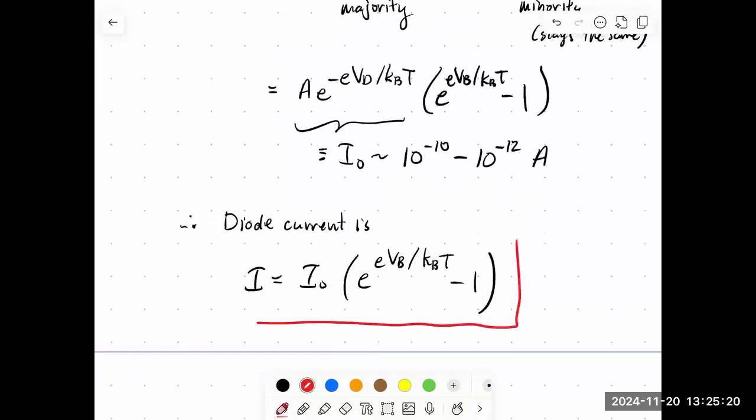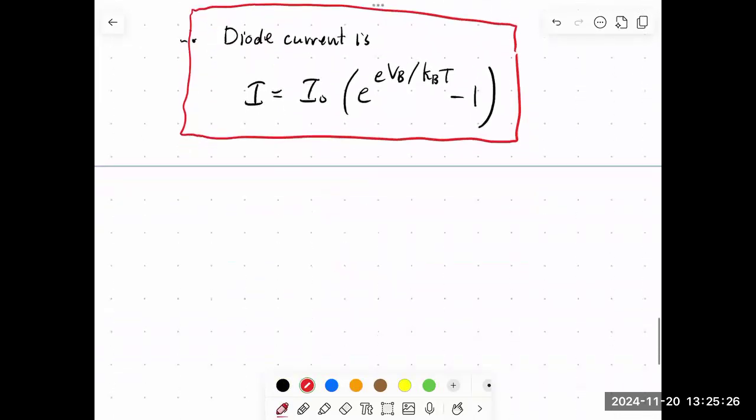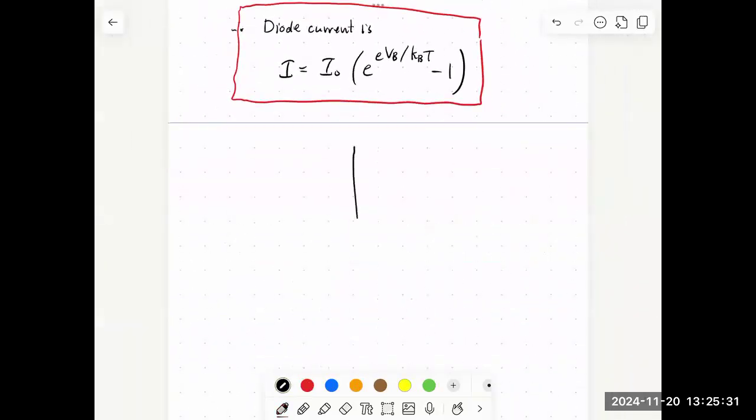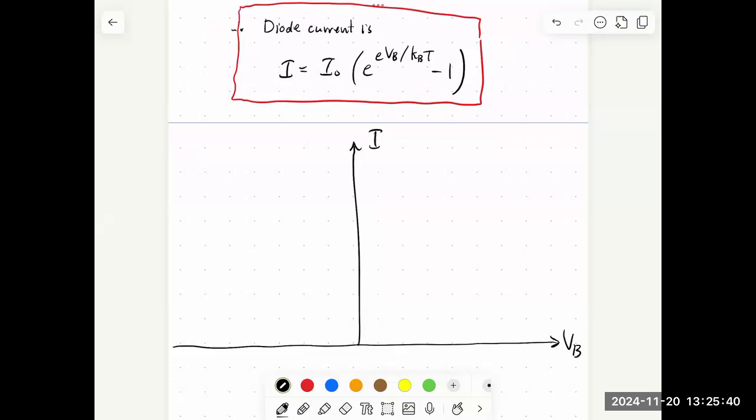And so what I want to do is try to plot this and see that one-way valve type behavior. Okay, so we'll plot I versus the battery voltage. So I could put the battery in backwards. Let's say I flip the battery and I made the N side positive. Well, then I'm going to get a negative value of VB here, and I have e to the minus some number. And that's going to be small.